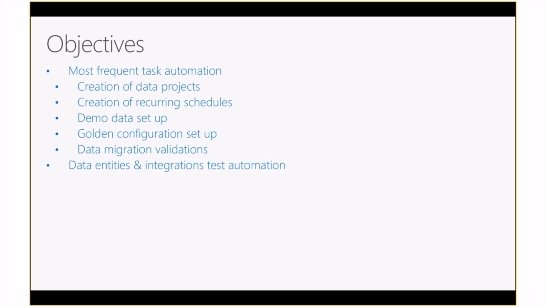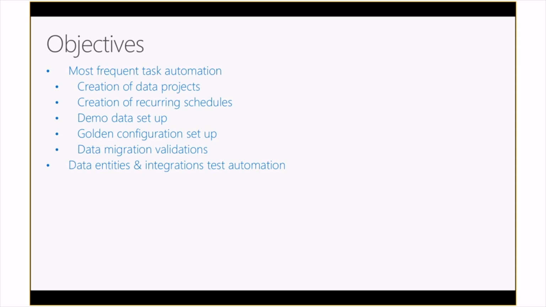Sure, teams go through testing these scenarios manually, but if there is a way for us to help with automation of such scenarios, then it should definitely help in the overall process, and it should definitely help in the overall turnaround time when it comes to validations of data entity specific scenarios through implementation.